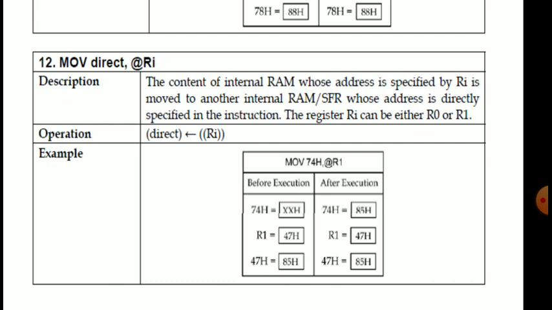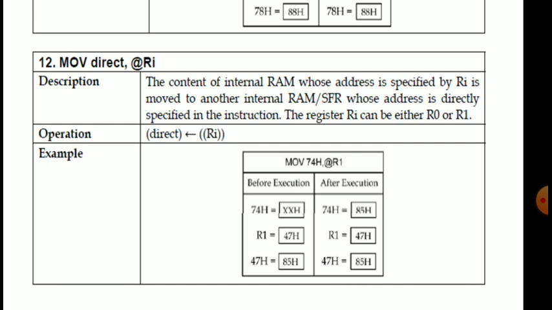No need to write the description. If you want, write the operation and an example. Don't write the table also. Table you can even write in the exam directly, but please write down the instruction, operation and example. That is, whenever you want to revise, it will be very easy and you will be habituated to write those instructions.